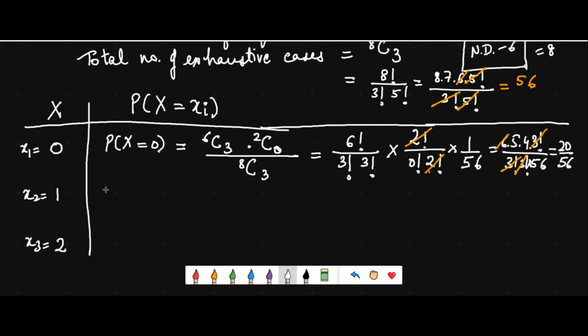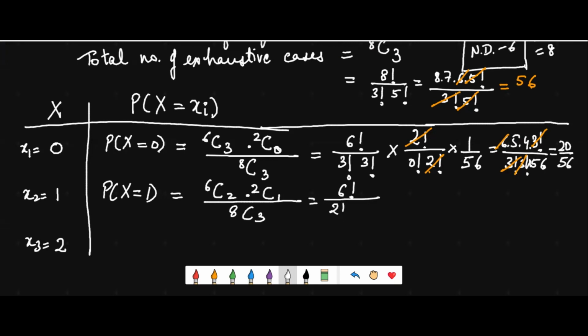On the similar basis, we can calculate the other probabilities. So the next is P of X equal to 1. Now, one defective article, so it would be 2C1. And out of 3, 1 is defective. So the rest 2 would be non-defective. Again, the same. 6 minus 2 is 4 factorial, 2 factorial upon 1. 2 minus 1 is 1, into 1 upon 56.